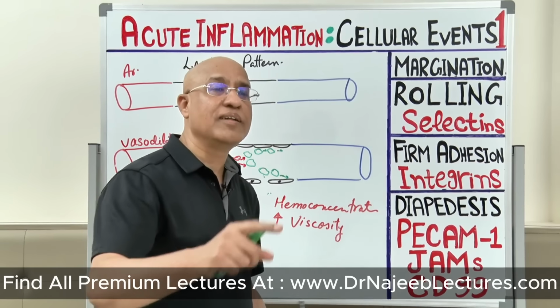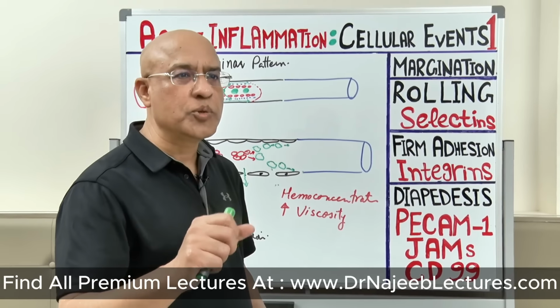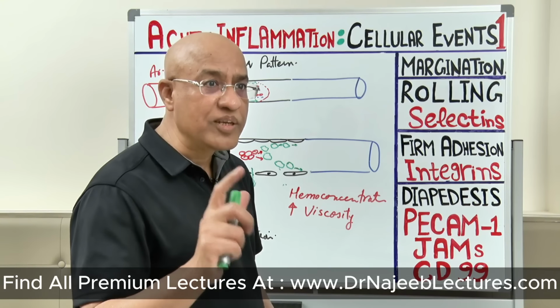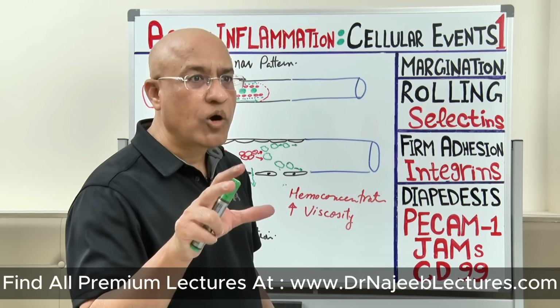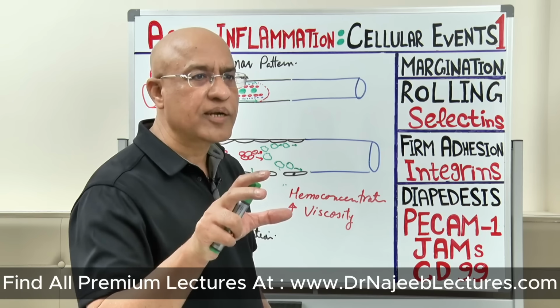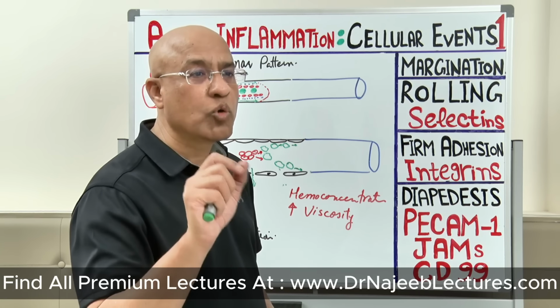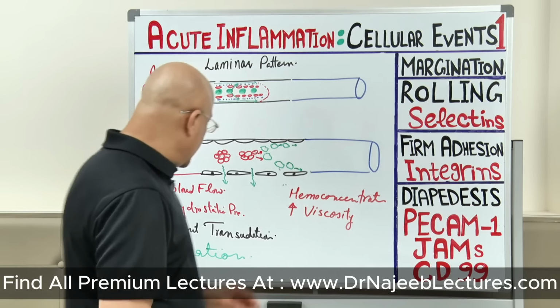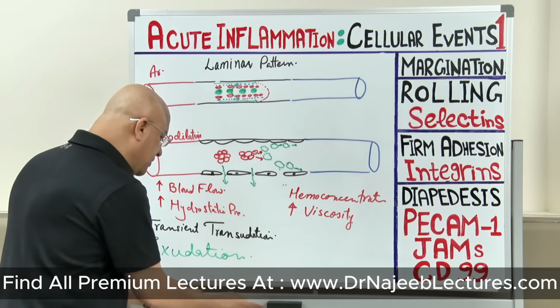And after that, I will teach you about chemotaxis, and I will explain how eventually the neutrophils or macrophages destroy or limit or contain the source of injury or infection, right? Right now, I will just give you a very brief review.